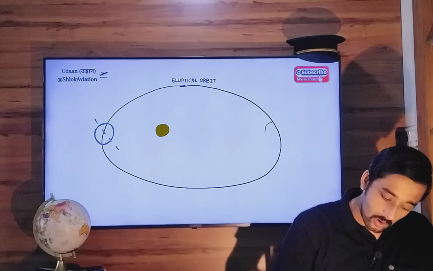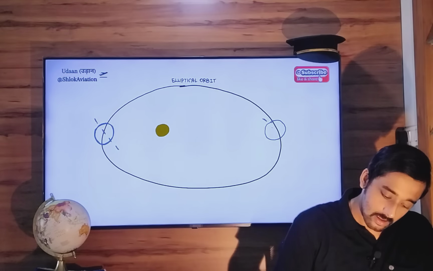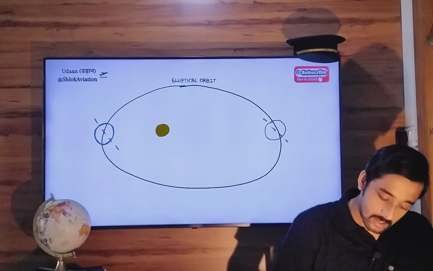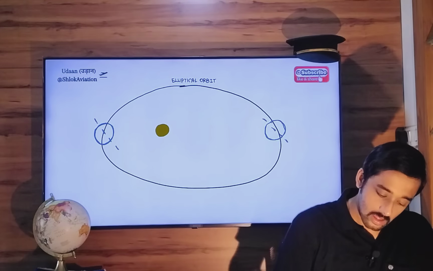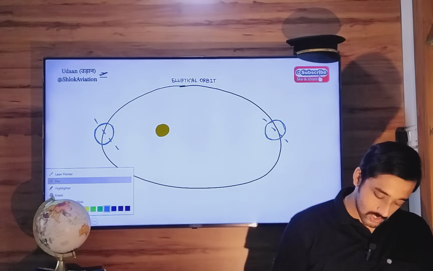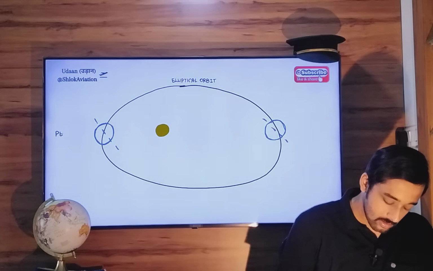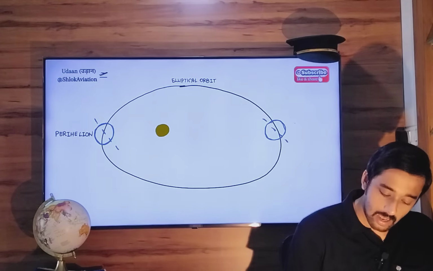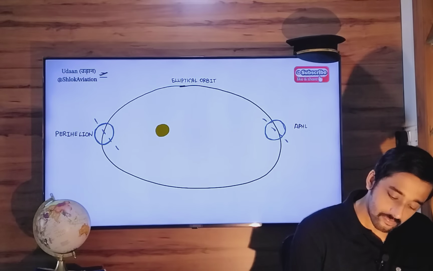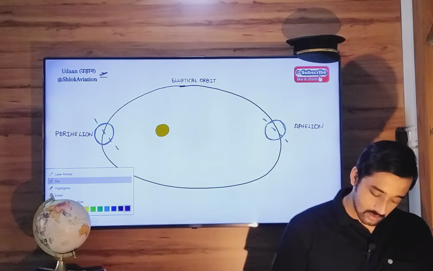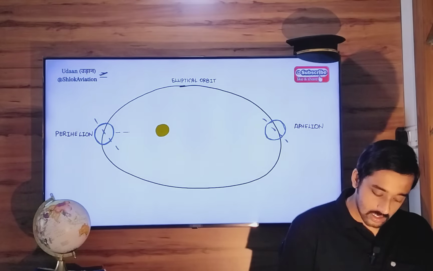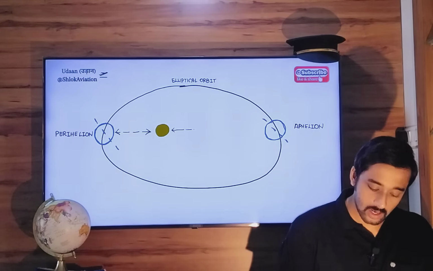This position will be called aphelion. So this is perihelion, and this is aphelion. That means here the earth is closest to the sun and here it is far away from the sun.